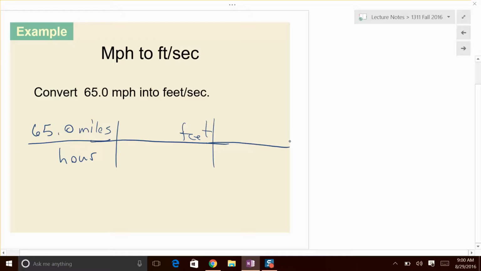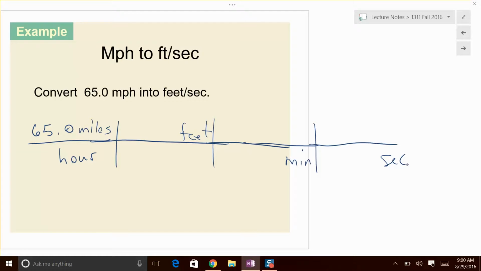What's the second conversion I want to do? Hours to minutes, to minutes to seconds. And then I'll be left with feet per second. So miles to feet, hours to minutes to seconds.